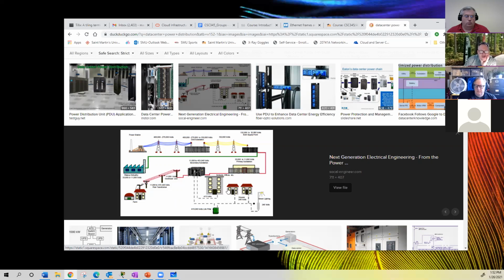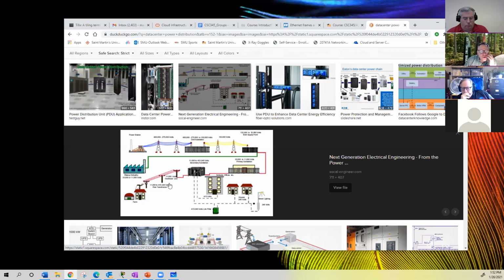If it comes into a school, it comes in at 400 volts and is then broken down again within the school with power distribution equipment to your 110 and 208. 240 volts comes into your house, and that feeds your 208 and 110 circuits.